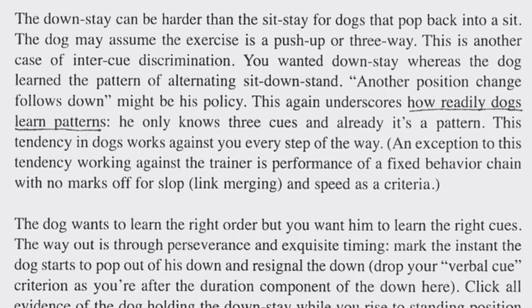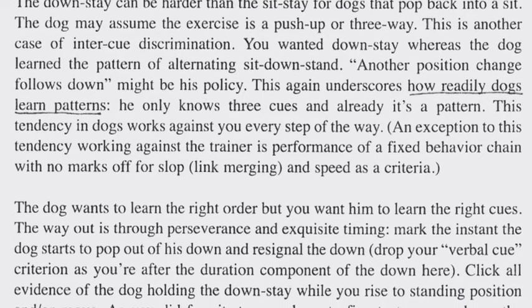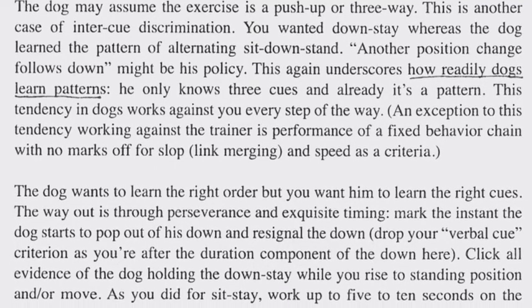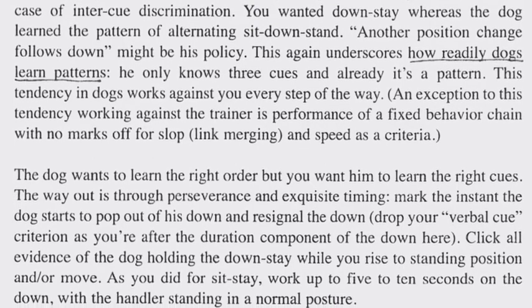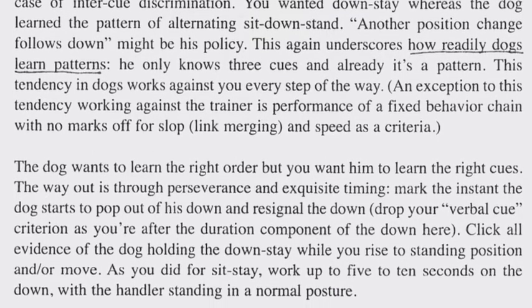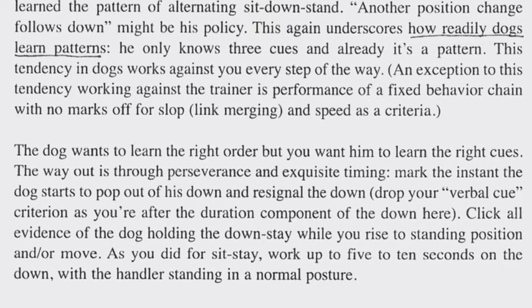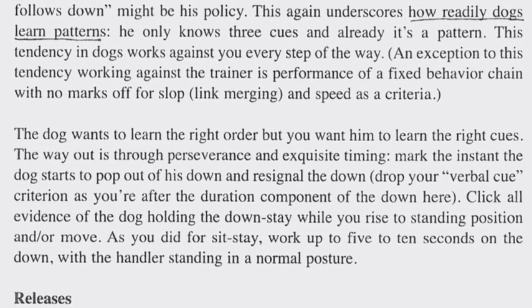An exception to this tendency working against the trainer is performance of a fixed behavior chain with no marks off for slop, link merging, and speed as a criteria. The dog wants to learn the right order, but you want him to learn the right cues. The way out is through perseverance and exquisite timing. Mark the instant the dog starts to pop out of his down and re-signal the down.